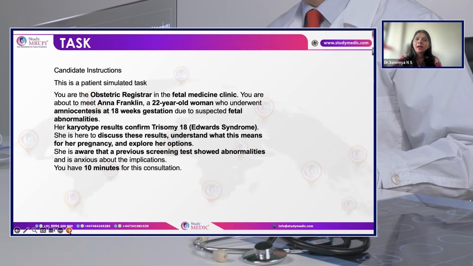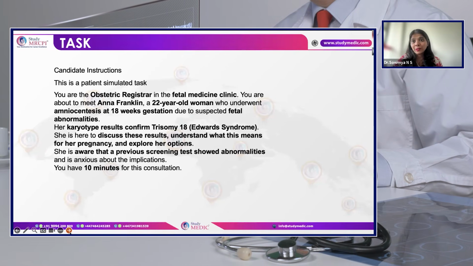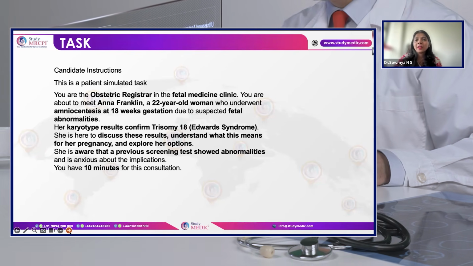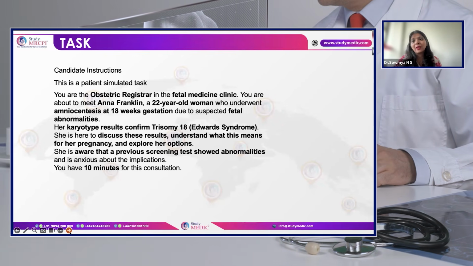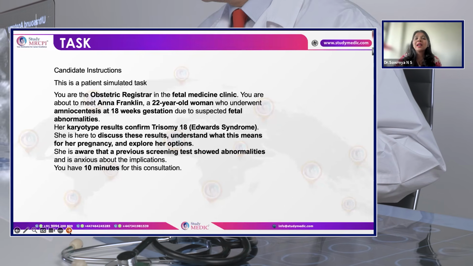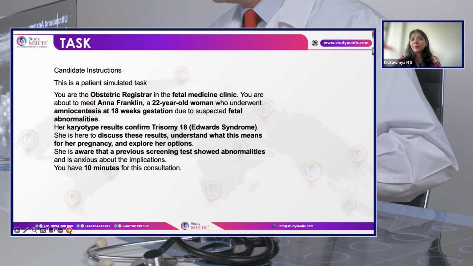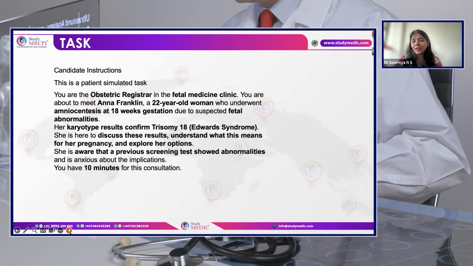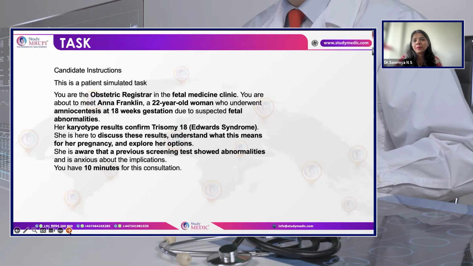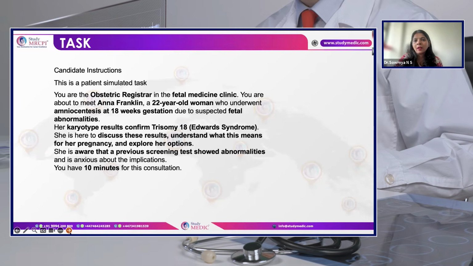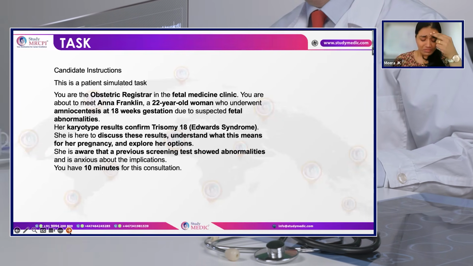Okay, Anna, I'm afraid the report is not as expected. When we sent the needle test, it shows that the baby has a serious genetic life-limiting condition, which we call Edwards. I'm really sorry, this is not the report you expected. I'm really sorry, Anna.